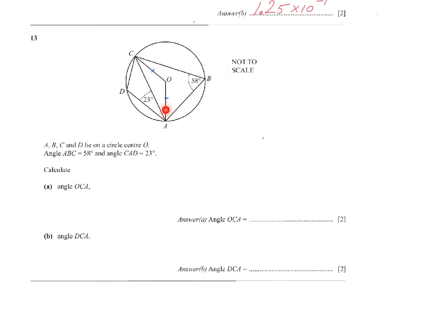What else do I see? I also see a cyclic quadrilateral. Okay, what do they say? They say ABCD lie on a circle, center O, and ABC is 58 degrees. And CAD is 23. Calculate OCA for 2 points. OCA.